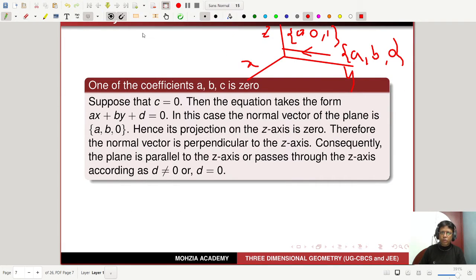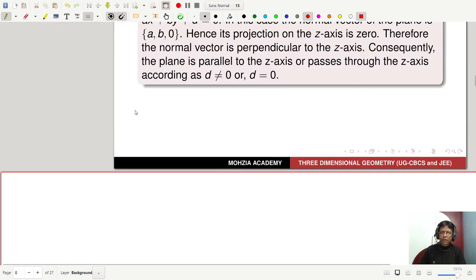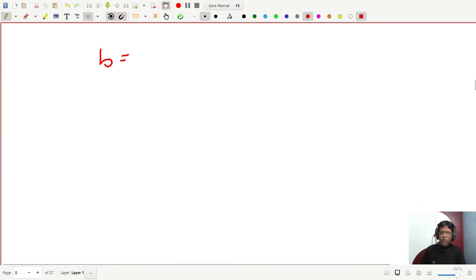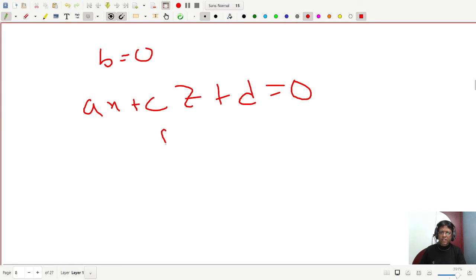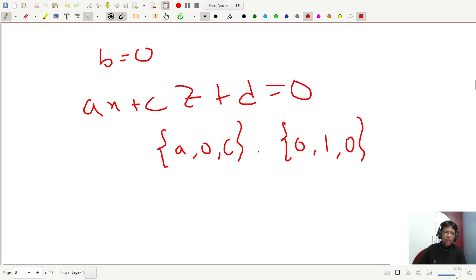If b equal to 0, then ax plus cz plus d equal to 0, right? In this case, what is your normal vector? (a, 0, c). So what is the direction vector of the y-axis? 0, 1, 0, right? So if you take the dot product, that will give you 0 only.